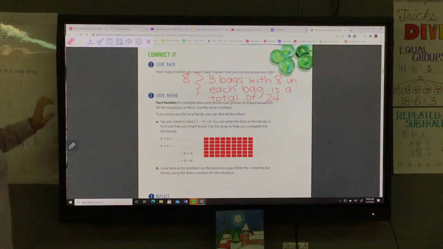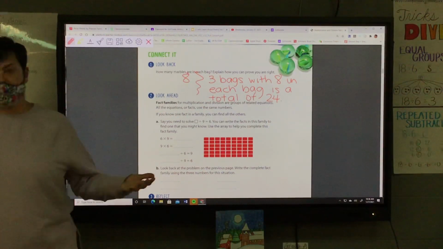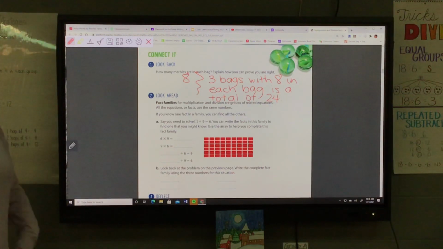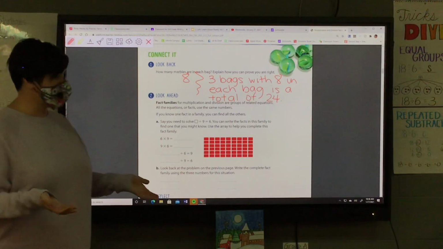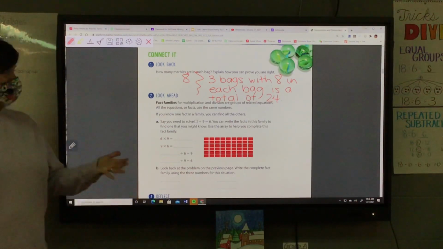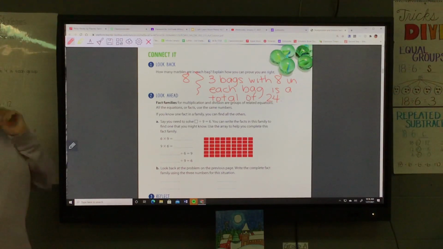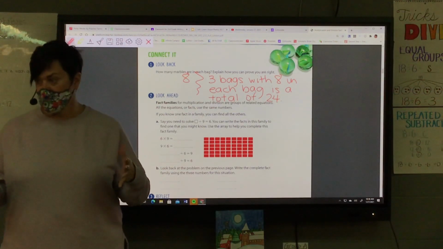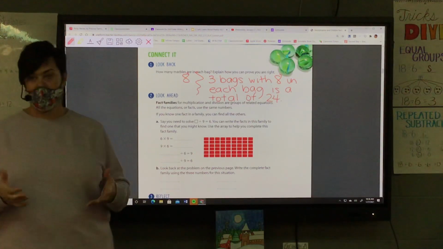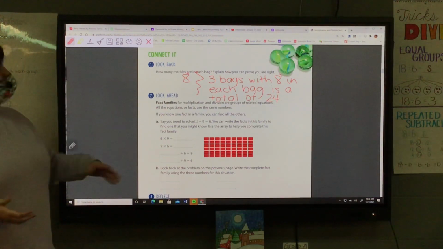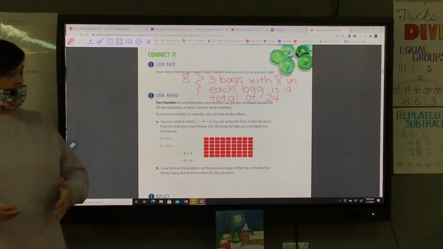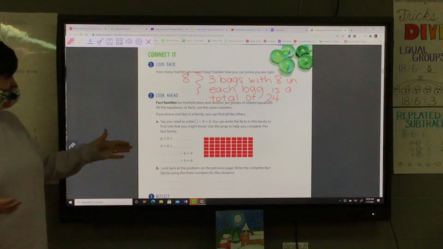Let's look at 2. Fact families. Fact families for multiplication and division are groups of related equations. All the equations or facts use the same numbers. We don't change up those numbers, do we? If you know one fact in a family, you can find all the others.